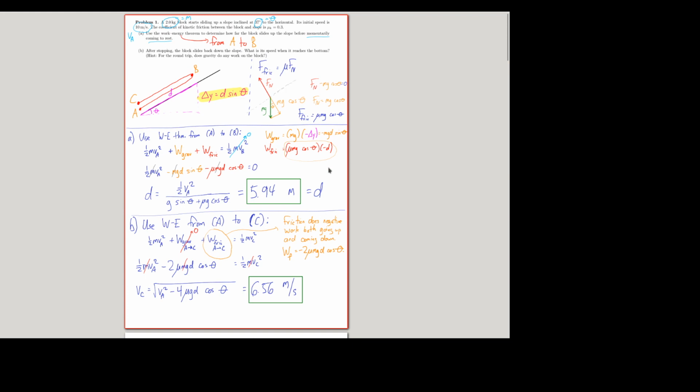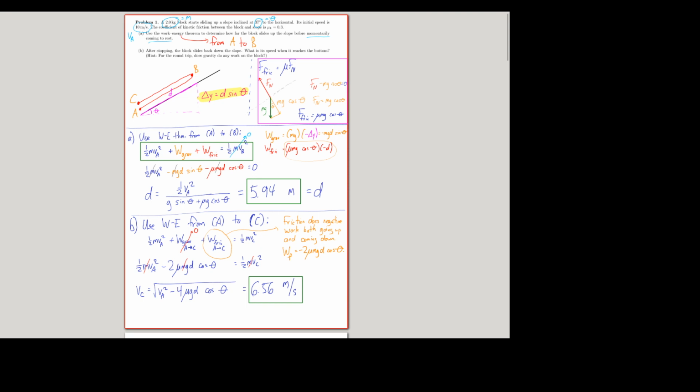So that is problem 1. Things to notice here. The work energy theorem, again, has this form. Kinetic energy in the beginning plus the work done by all forces equals the kinetic energy at the end. Also notice that we did need to draw a free body diagram up here to figure out the force of friction.